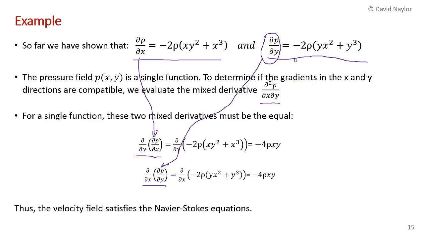So d/dx of minus 2 rho y x squared plus y cubed. And if we take this derivative here, this is a constant, so you're going to have minus 4 again, rho xy. And these are equal. So we come to the conclusion that we have a compatible pressure distribution, and thus the velocity vector field satisfies the Navier-Stokes equations. And that completes that example.